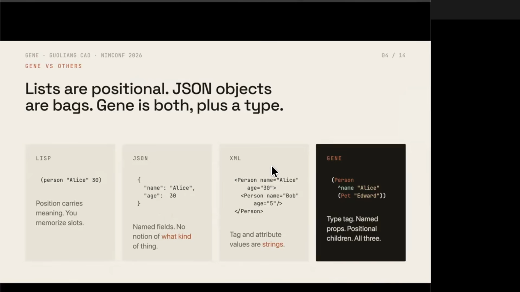Third, you have XML. Structurally, it is mostly similar to the Gene data structure. It has a tag, which is a string, the name of the element. Then you have a list of attributes.